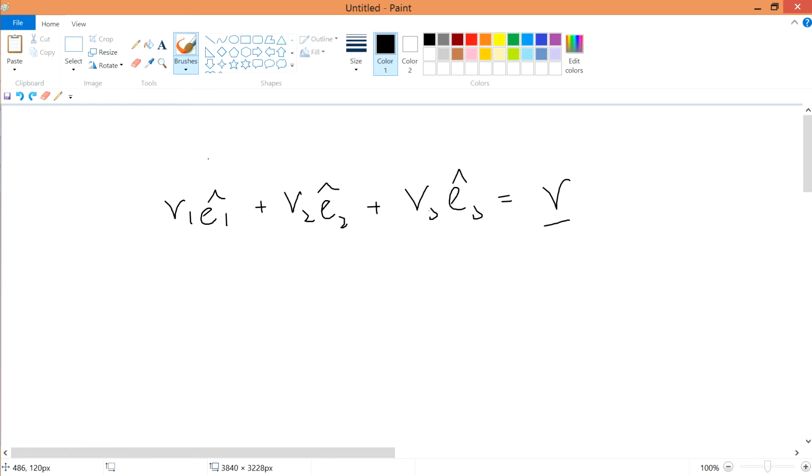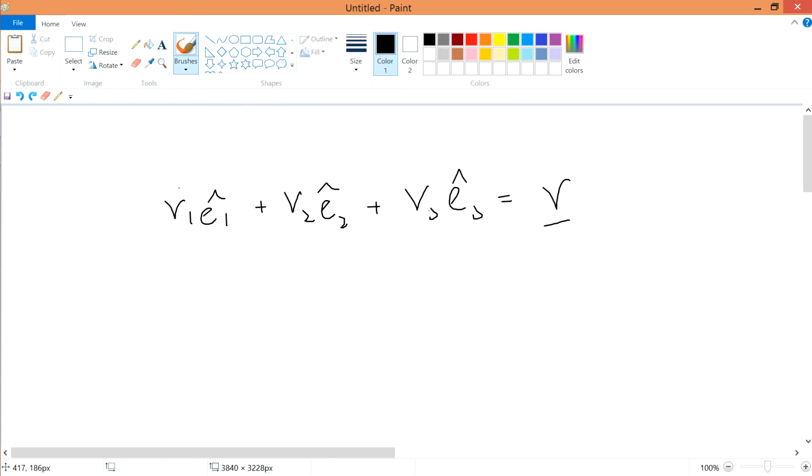In order to explain what a tensor is, I'll start off with something familiar to you from the last video. This is the generalized form of a vector in 3D space.